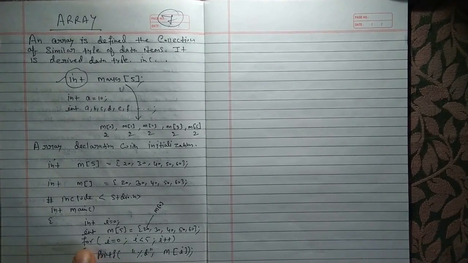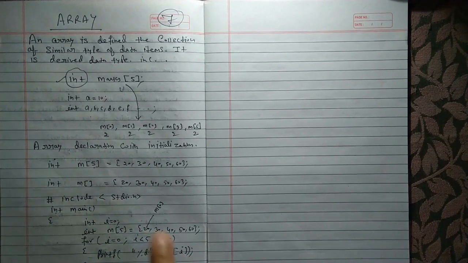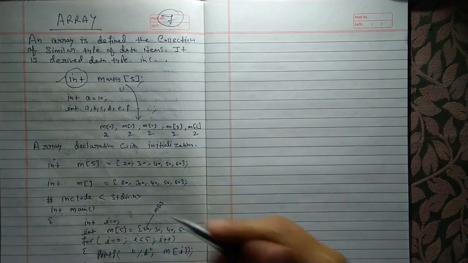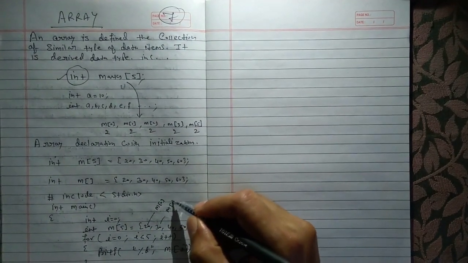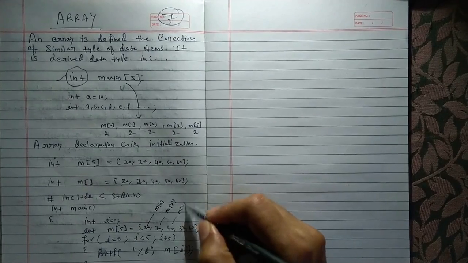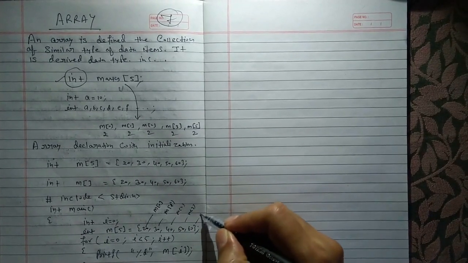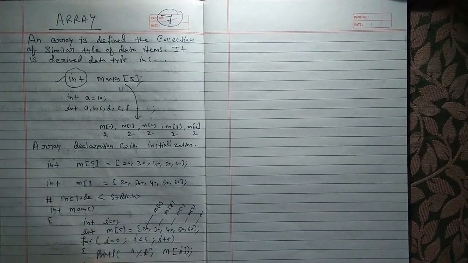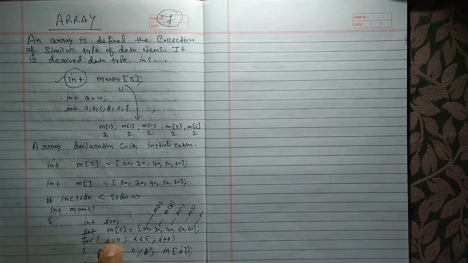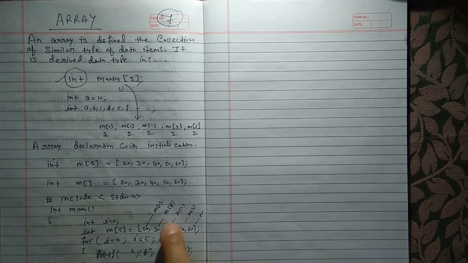So the for loop is working: i = 0, so m[0] will print 20. Then i++, m[1] will print 30. Then m[2], m[3], and m[4]. At first the loop works, then i++ is an increment: i = 0, then i = 1, then m[1] will print. Then i = 2, 2 is less than 5, yes, so m[2] will print.